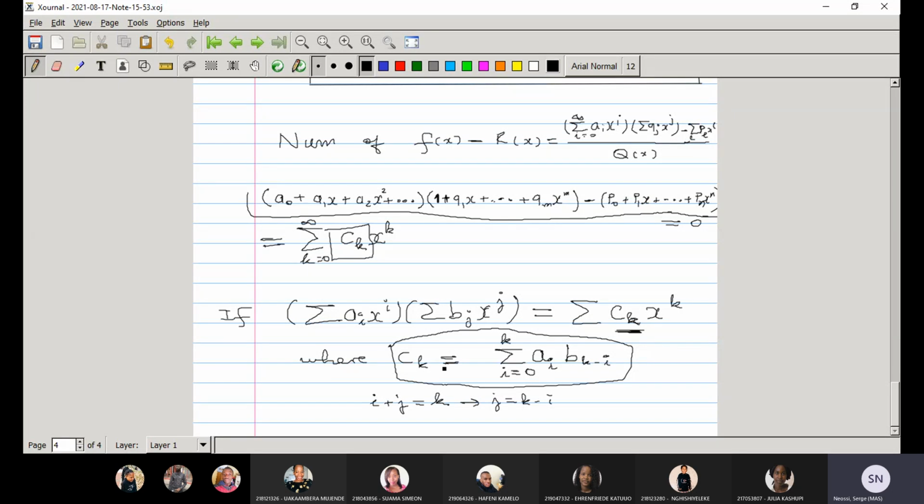This is how you get the coefficient of the product. So if I use the same thing and apply it to this one, I will just readapt. So these are my a, and you see that now the b's will be this case. So for our particular case, the coefficient of x^k, which is c_k, will be equal to this, but I will replace b here by q.